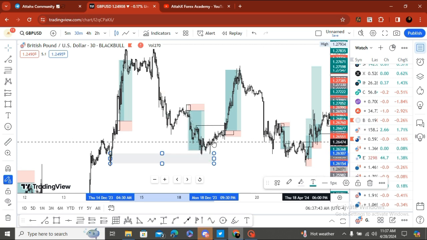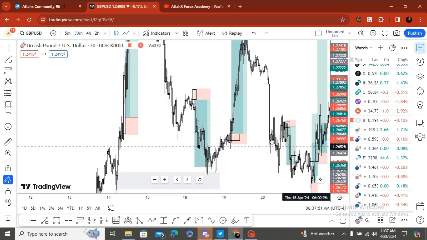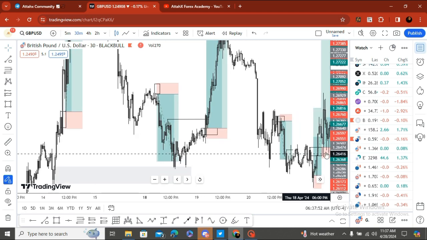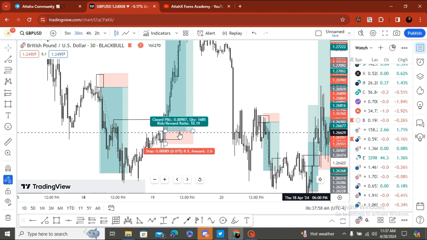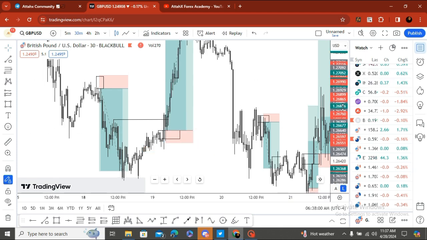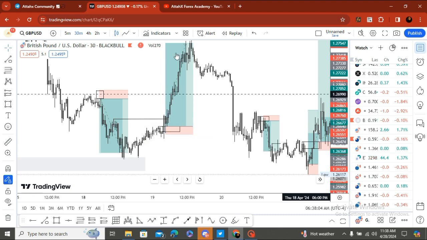Now, did you see what happened? Price mitigated and then pushed up, causing a momentum. The momentum validated my trade, right? Did you see this momentum? I then entered at the breaker block and I was able to catch about 10RR on this particular setup.